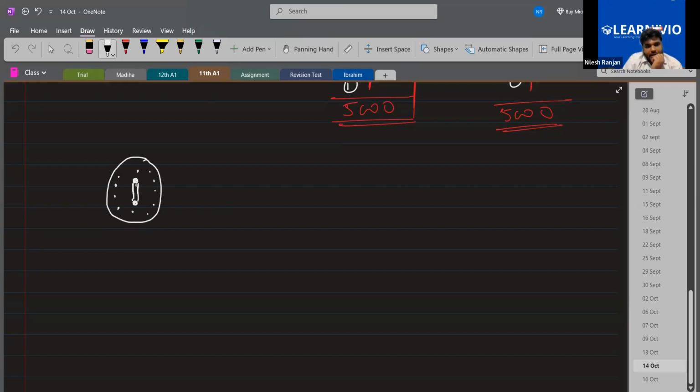The batsman is left-handed, so this is off and this is leg for a left-handed batsman. For a normal right-handed batsman, this is off and this is leg, just opposite. Here there are 2 batsmen, one right-handed and one left-handed. Is the situation understandable?